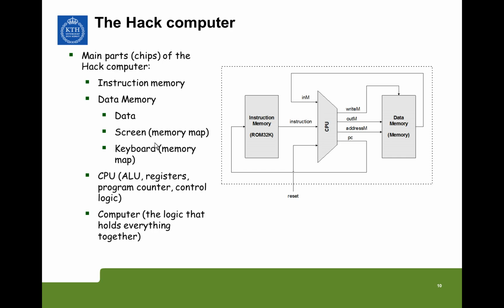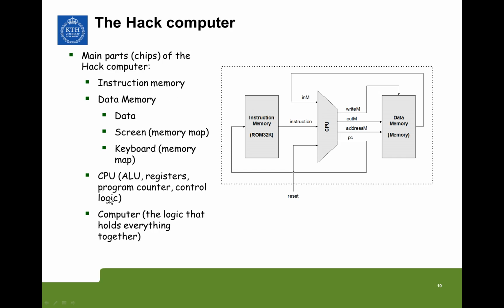So what are the main parts of this Hack computer? The instruction memory, where the program will be loaded, and the data memory, including memory space for data, for the screen memory map, and for the keyboard memory map.